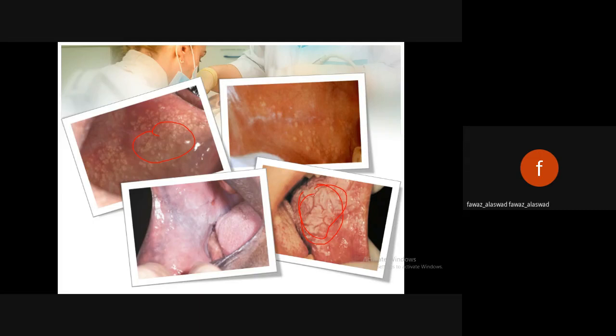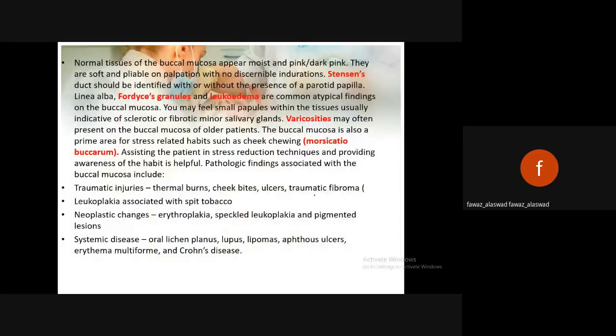And sometimes morsicatio buccarum is presenting on the buccal mucosa. These are the most common types of lesion. First of all, Fordyce granules, sebaceous glands, and leukoedema, which is considered a typical finding.